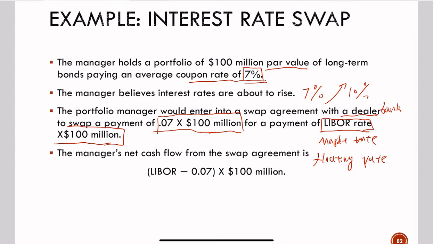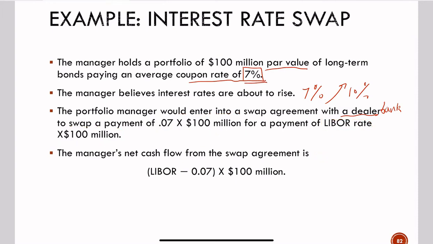So you can see that here, if your guess is right, you will actually get some profit. Because as this bond investor, your profit from this agreement is the market interest rate minus the coupon rate times your bond par value, $100 million.